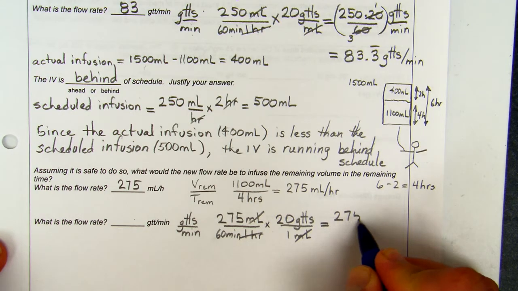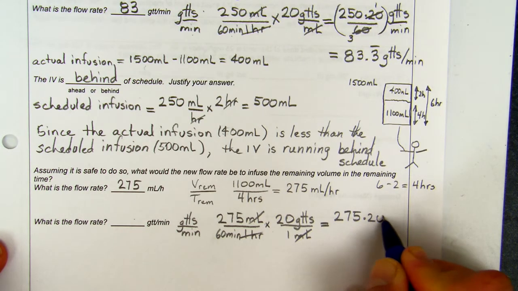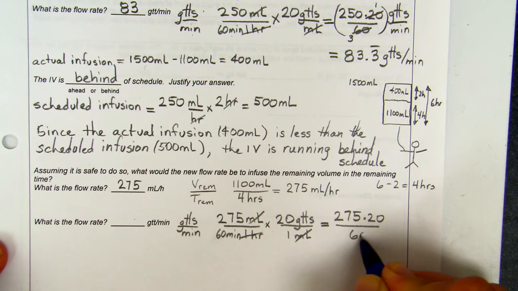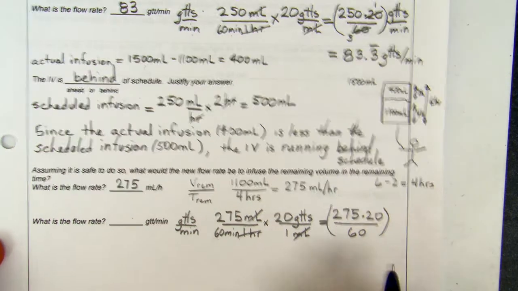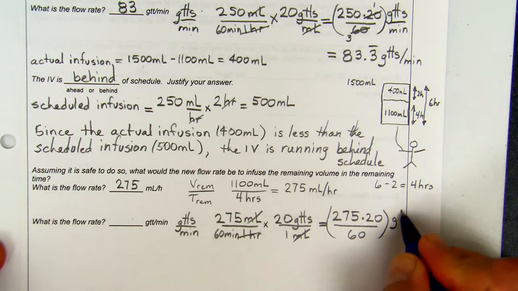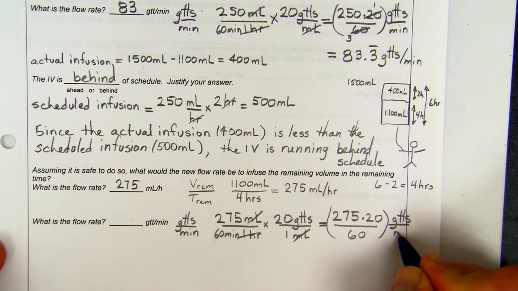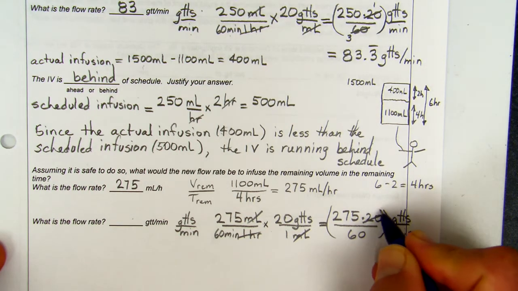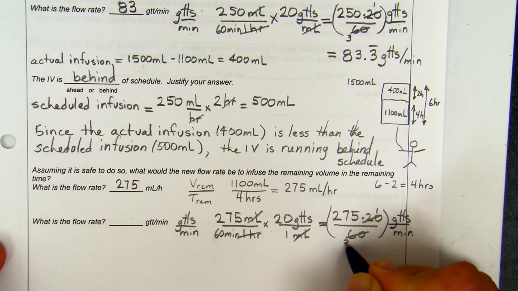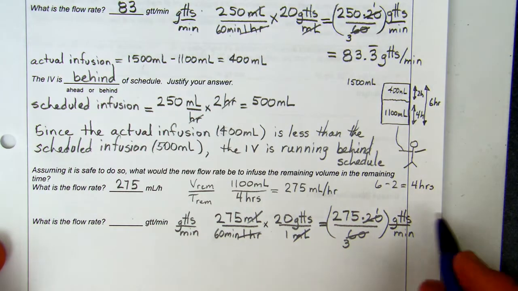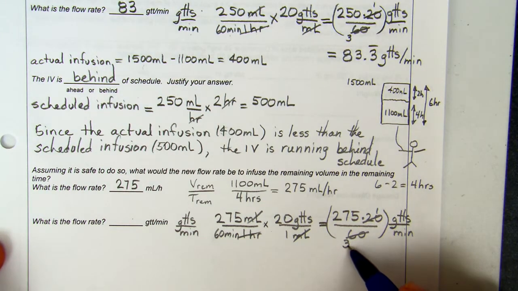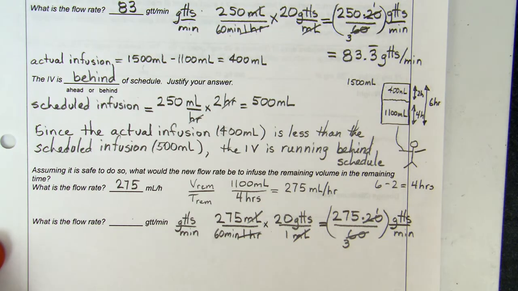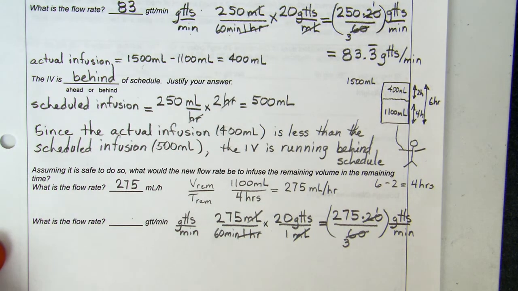So we'll go 275 times 20 divided by 60. And this would be drops per minute. So I'm going to do some estimating. 20 goes into 60 3 times. Let's see, 3 goes into 27 9 times.